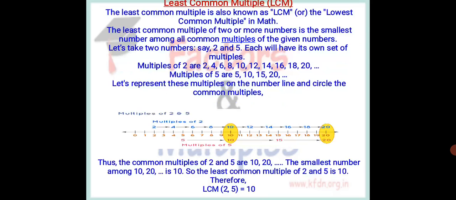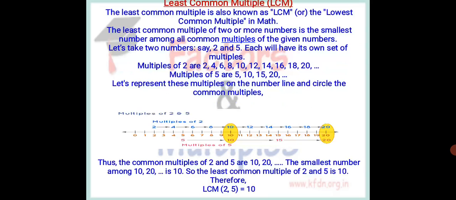So as a definition we can say the least common multiple of two numbers is the smallest number among all common multiples of the given numbers. Let's take two numbers, 2 and 5. Each will have its own set of multiples. First of all, find out the multiples of 2: 2, 4, 6, 8, 10, 12, 14, 16, 18, 20, and so on.